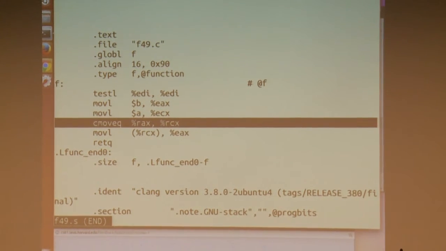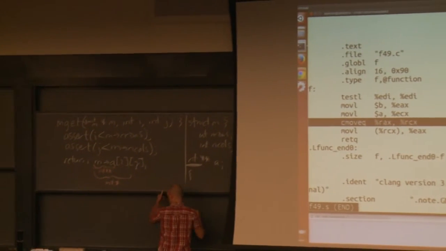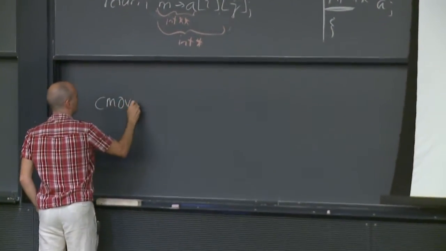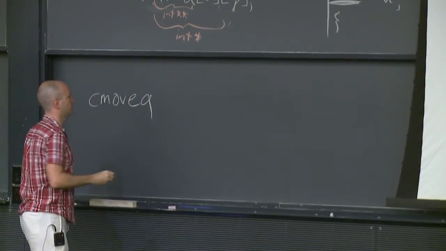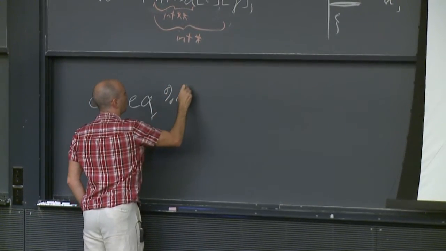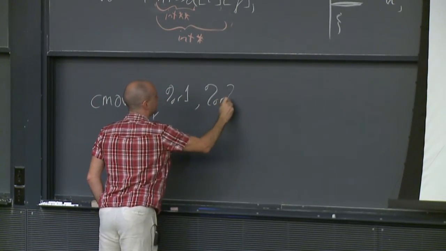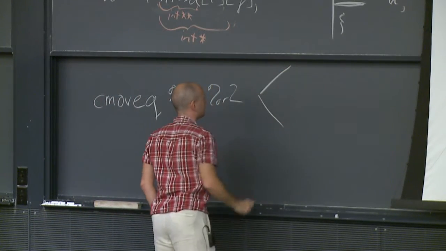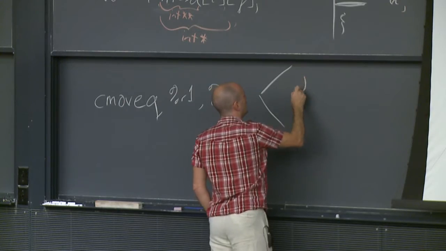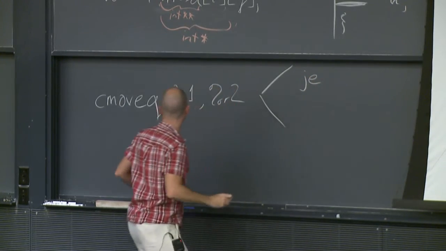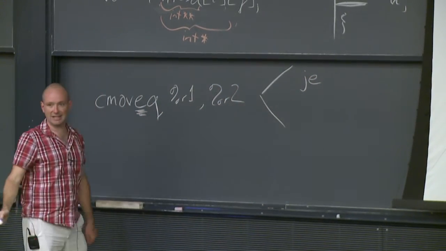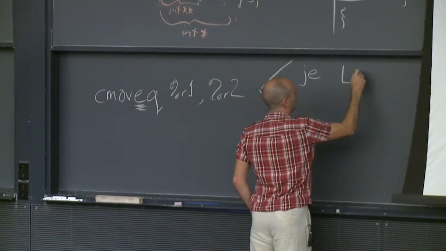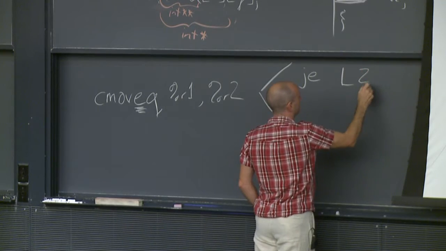So I'll write that down. So CMOVEQ of R1 into R2 has the exact same effect as this. JE, that's the E part, to L, I'll just make up some numbers, L2.